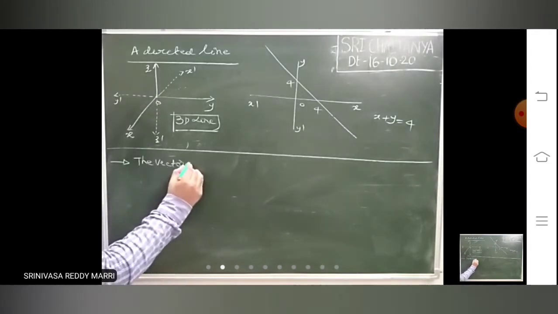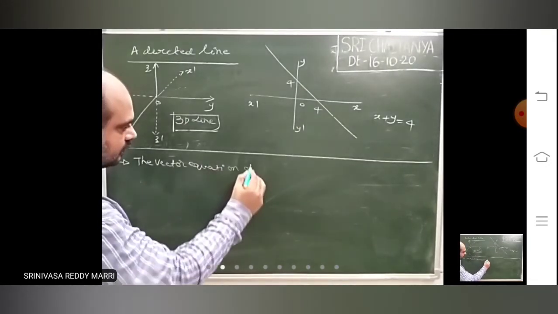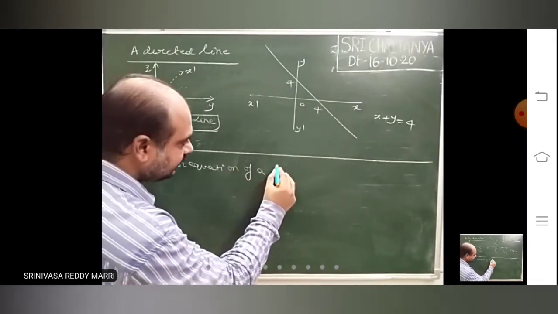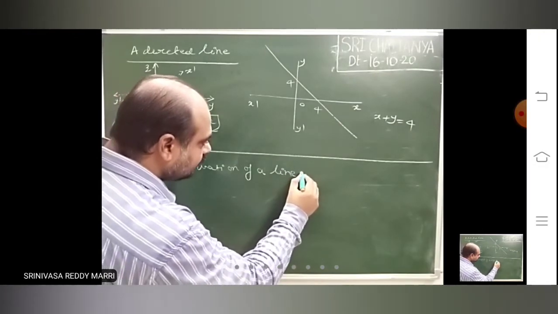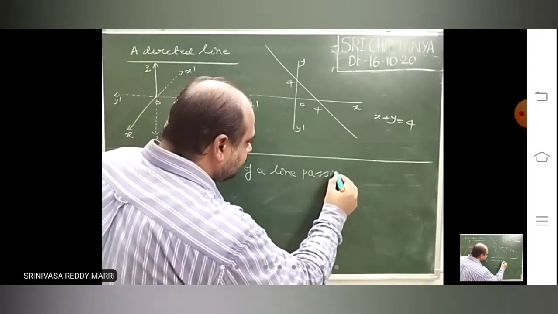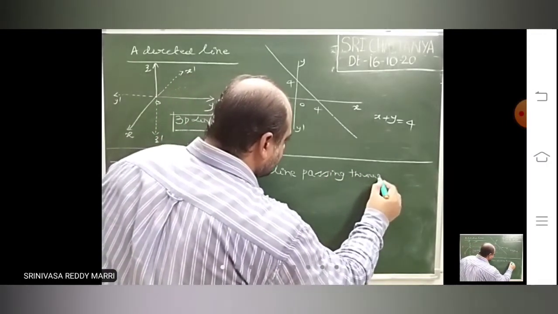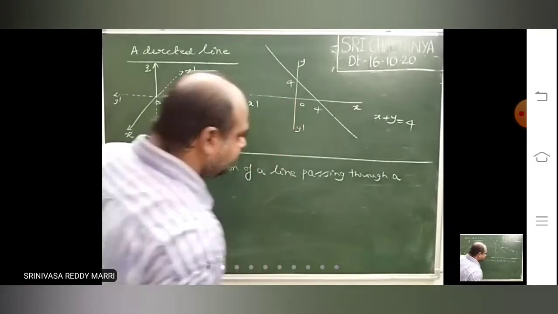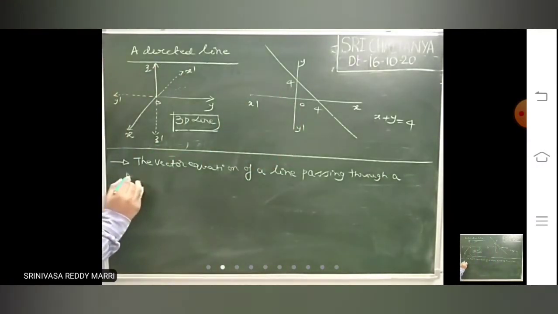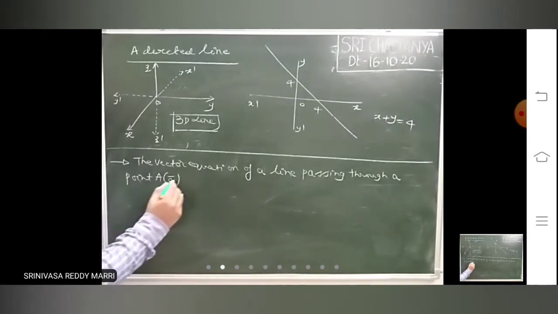The vector equation of a line passing through a point A bar.